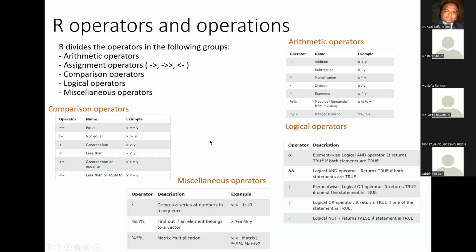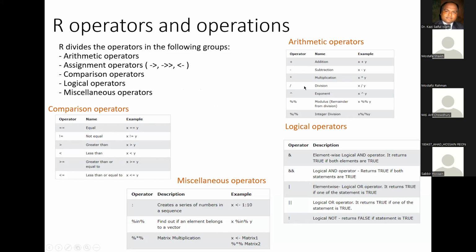Now, since we have the variables, what kind of operations can we do on the variables? This slide gives you the summary of operations on the variables. Operations require operands, so x and y are the operands, and these are the operations.